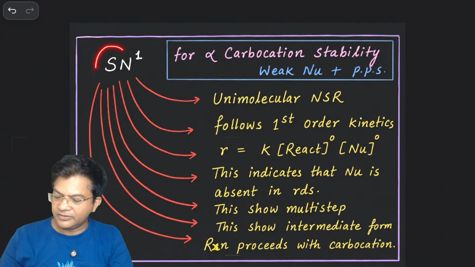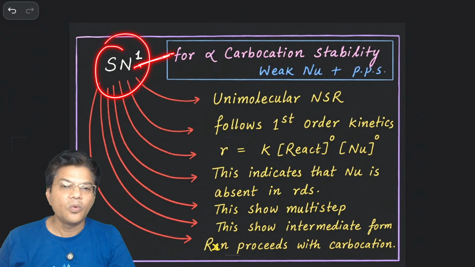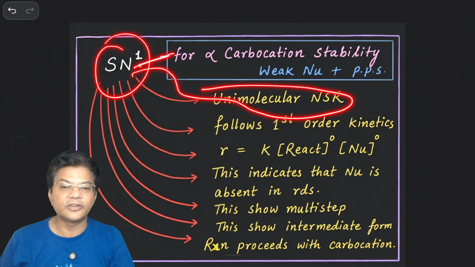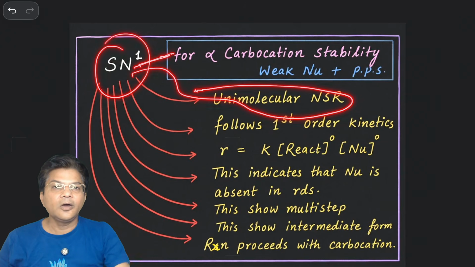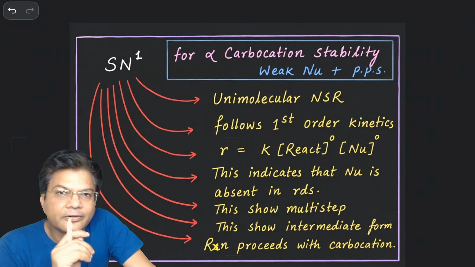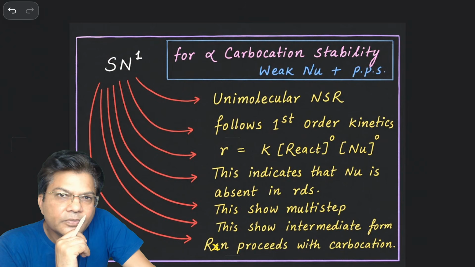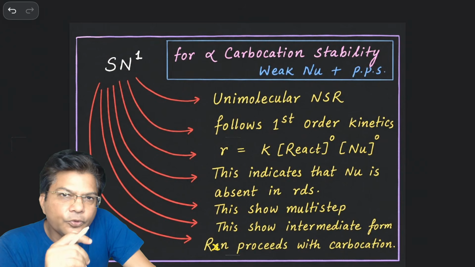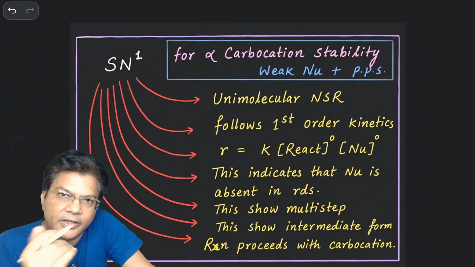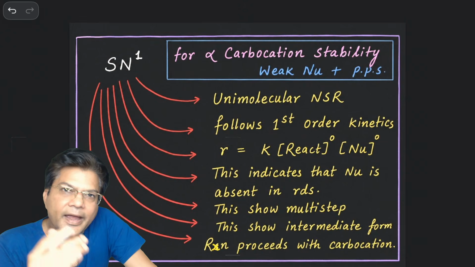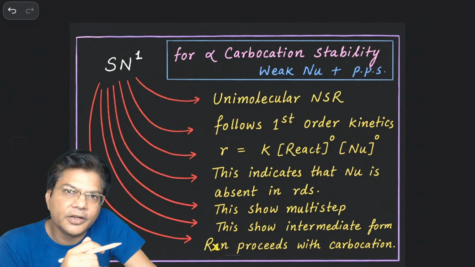If you see SN1, this 1 is written. 1 means unimolecular nucleophilic substitution reaction. Now 1 means that only one entity is involved in the rate determining step. Because one is the reactant and another is the reagent, out of the 2 reacting entities only one is involved in the rate determining step.